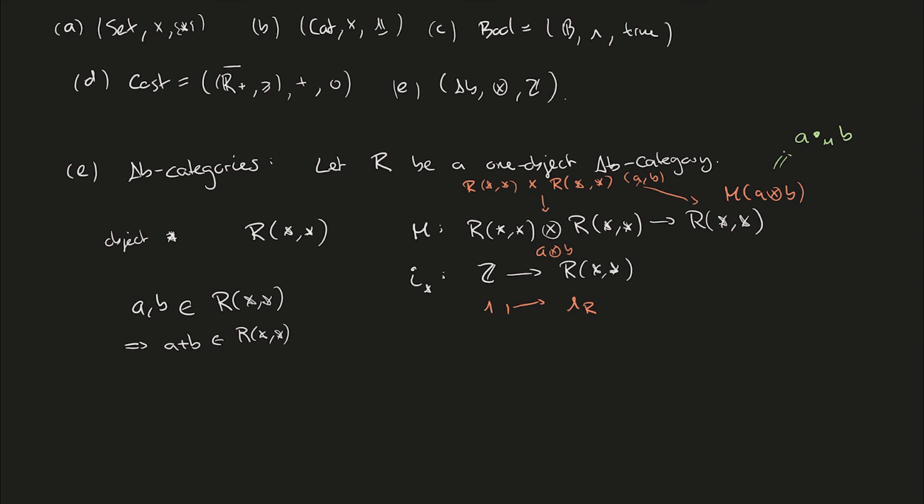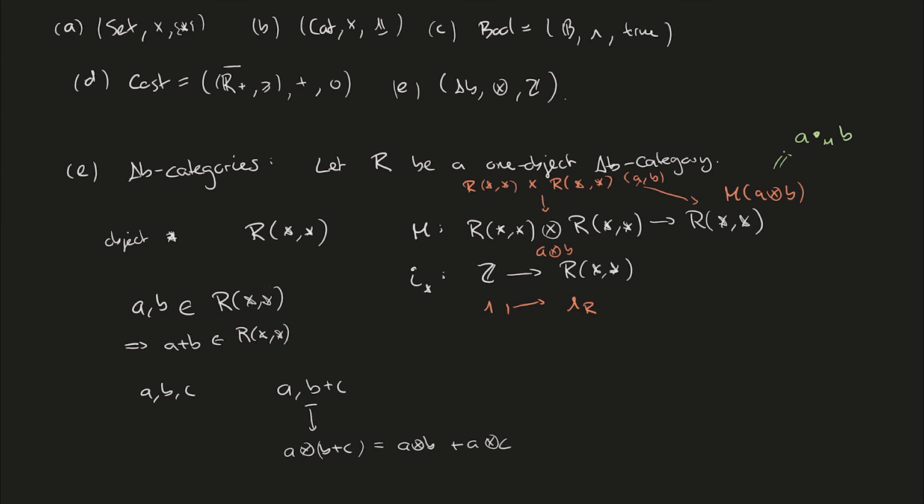Moreover, if we look at elements A, B, and C, then we can map A and B plus C under the map from the product to the tensor product to A tensor B plus C, which is the same as A tensor B plus A tensor C, where we're using the abelian group structure of the tensor product of abelian groups.